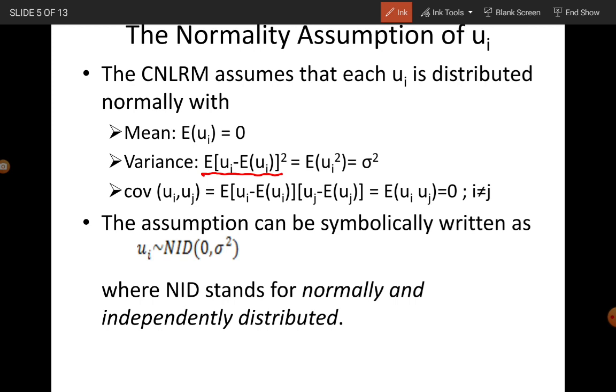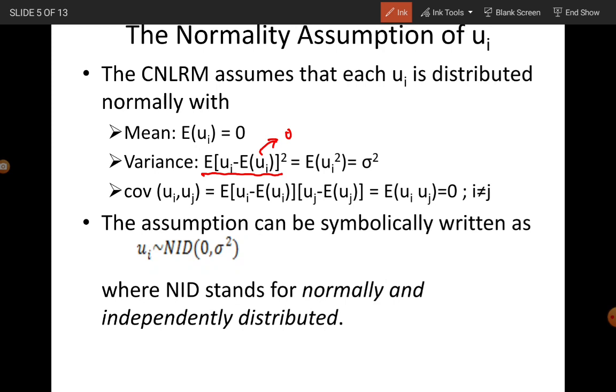So ui is the value, E of ui is the mean error term, and this deviation is squared. Expectation of deviation squared will be the variance. And we know that E of ui, that is the mean value of ui, is equal to 0. So it is the same as saying expectation of ui square is equal to a fixed positive value called sigma square. It's positive because it's a square.